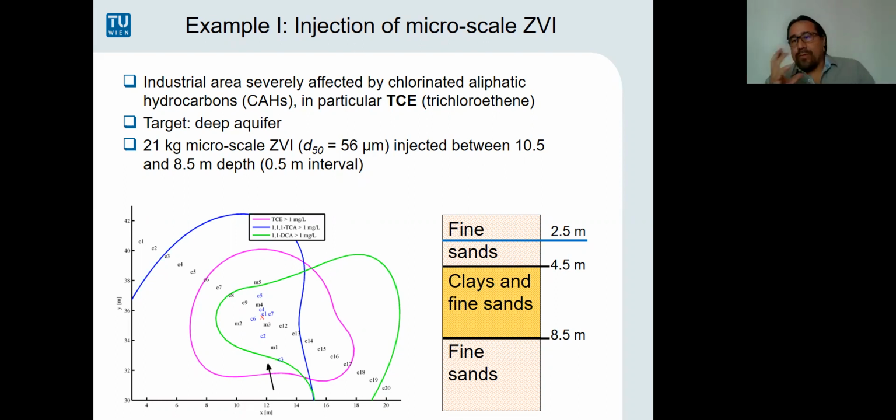The contaminant is found also in the deeper aquifer, and this is the target of the injection. So we injected the nanoparticles in the deeper aquifer. We injected 21 kilograms of microscale particles, from bottom to top with 50 centimeter intervals.